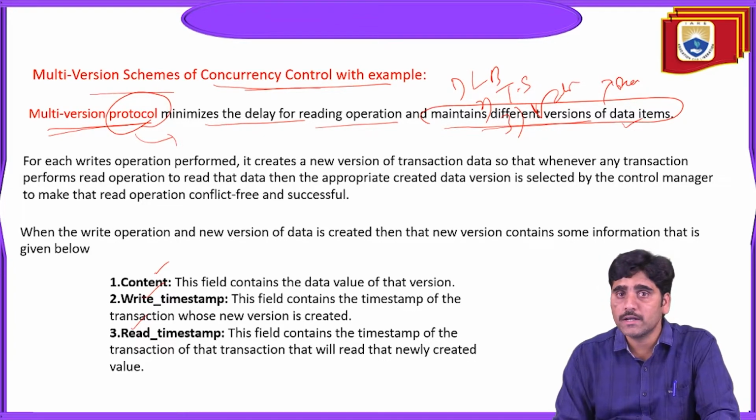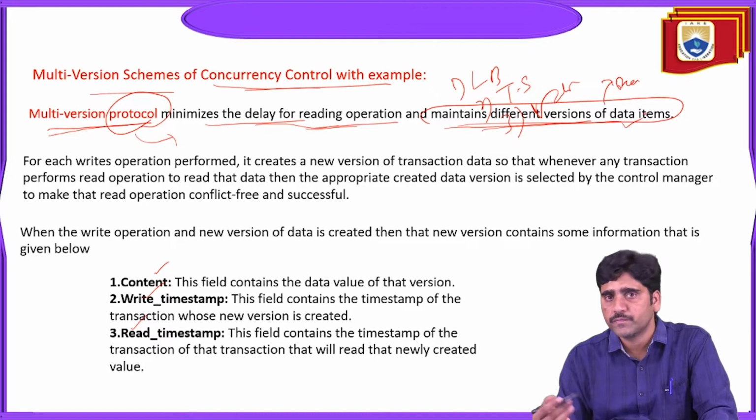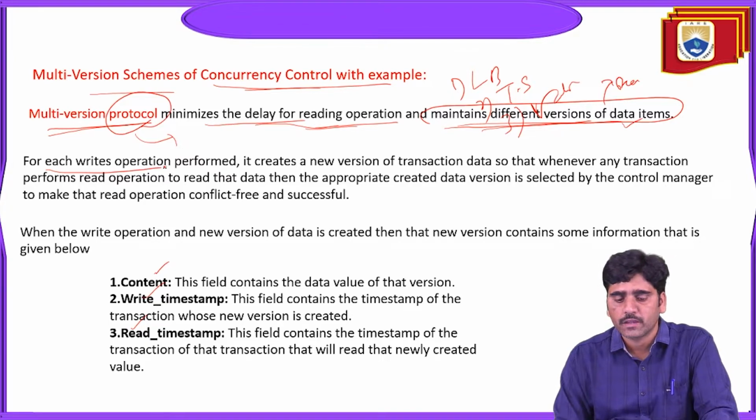The multi-version protocol minimizes the delay of reading operation, so that transactions do not have to wait so long to read. For each write operation performed by a transaction, it creates a new version of the data.